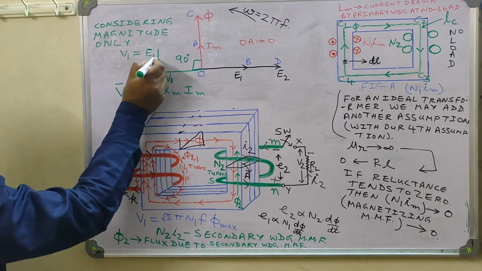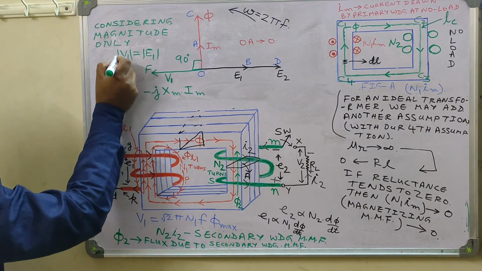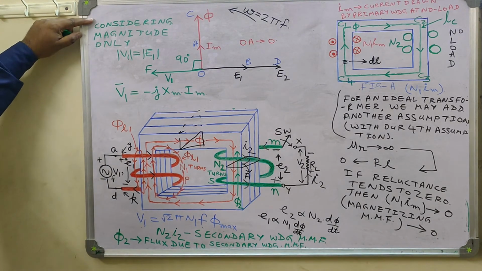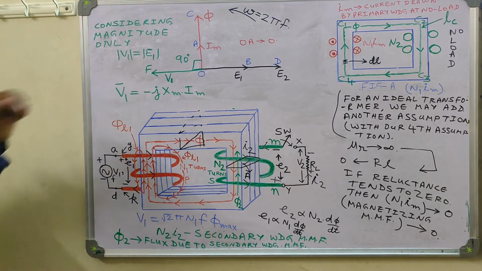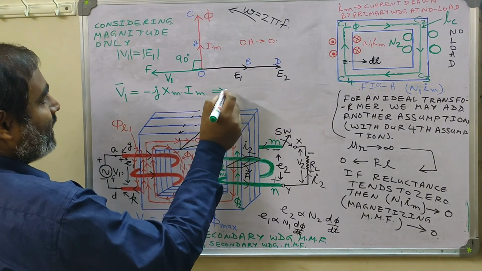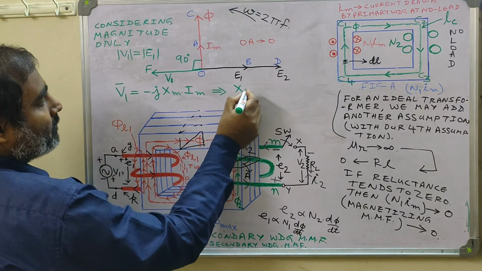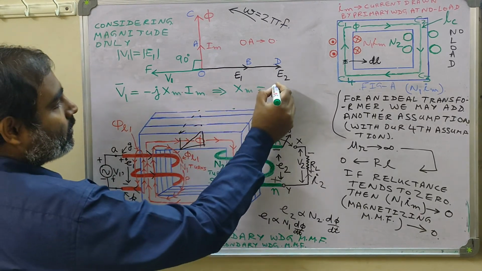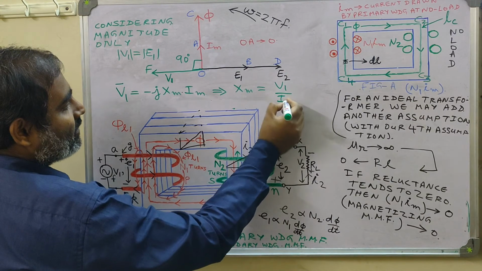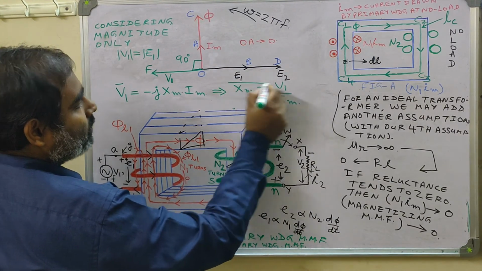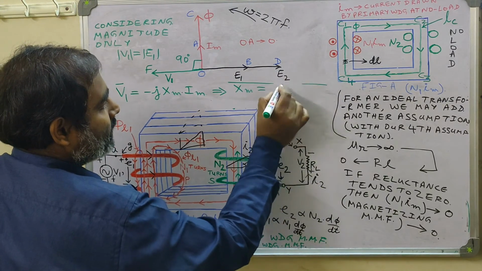Let us put a modulus sign so that we are considering the magnitude only. So V1 equals E1. So from this particular equation, what is implied? That Xm, if you consider the magnitude only, is nothing but V1 divided by Im. Let me write V1.